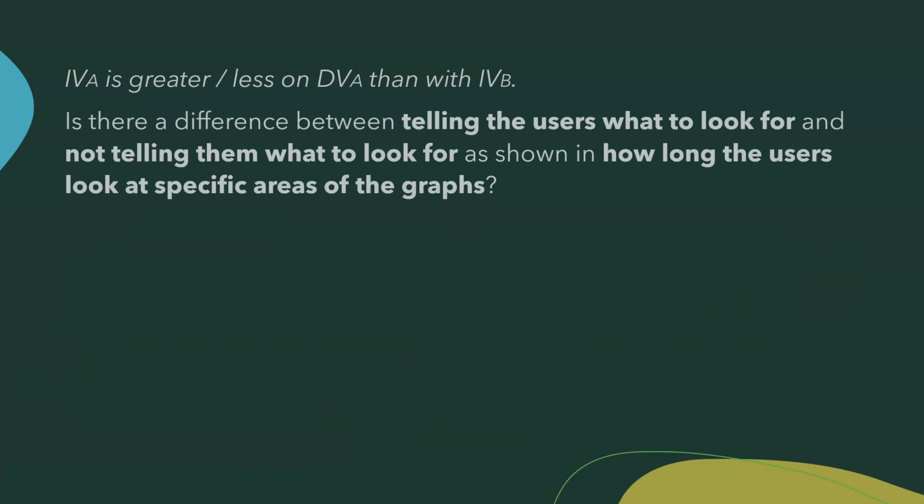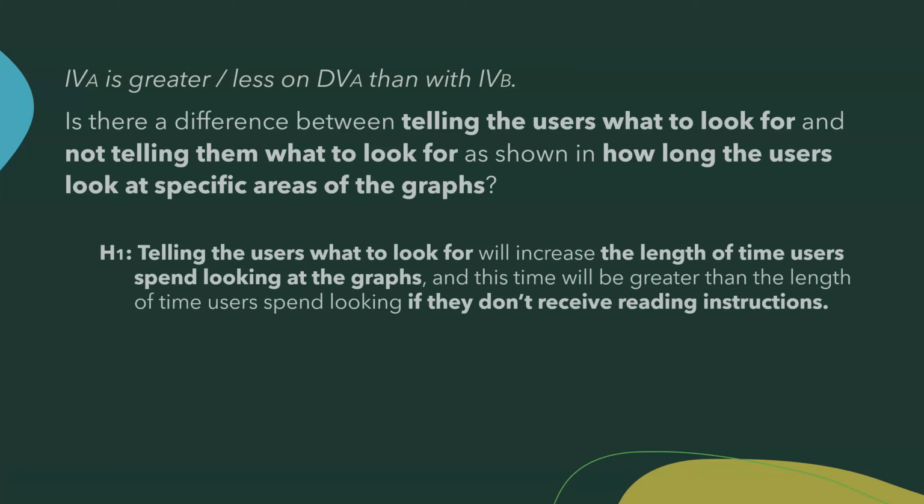So we've got the formula up top. We've got the plug and chug version below it. Let's try to rephrase. So H1, this means it's my first hypothesis. Telling the users what to look for, that is my IVA, will increase, so it is greater than, the length of time users spend looking at the graphs. That's my dependent variable.